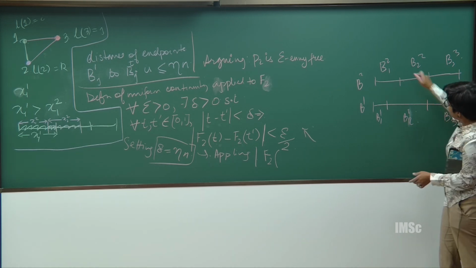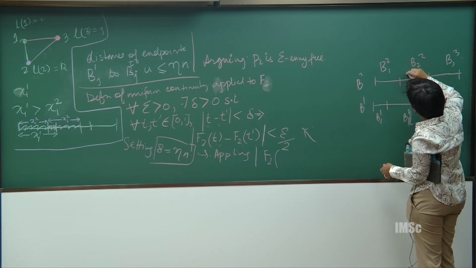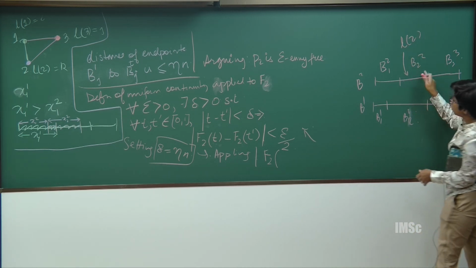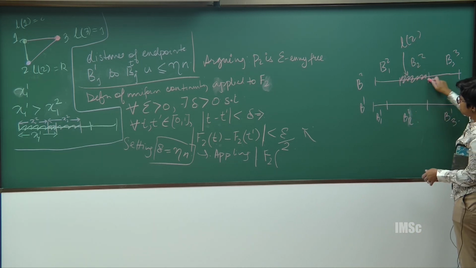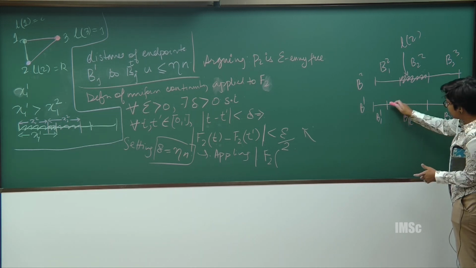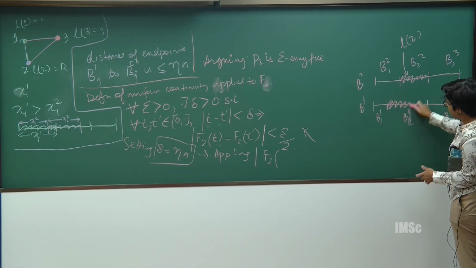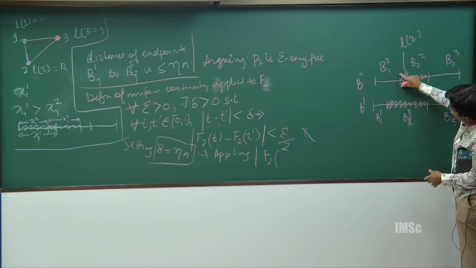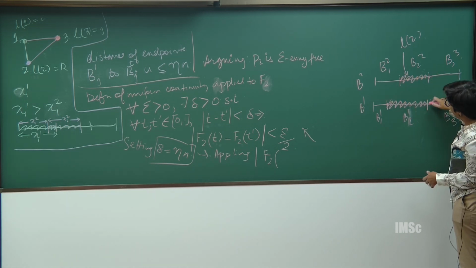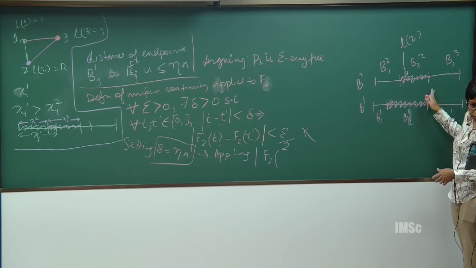Let us say this is the label of player 2. So, his actual favorite is this, but he is going to be given this space. How far is this point from this point? How far is this point from this point? They are both bounded by eta n, right.